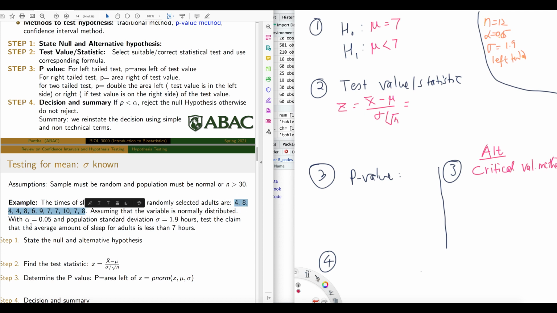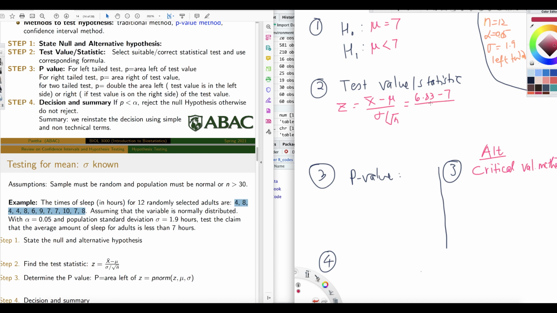So 4 plus 8 plus 4 plus 4 and so on, divided by 12, I got 6.83 for x bar. So 6.83 minus mu, which is 7, divided by sigma, which is 1.9, divided by root 12. That is the test statistic.